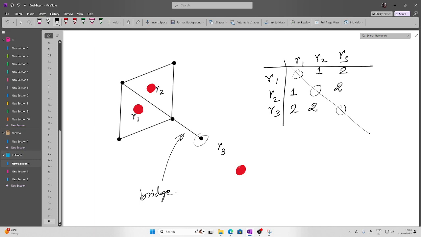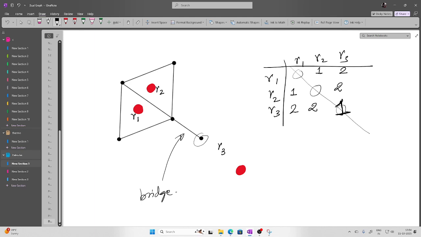That has to start from this vertex and come back to this vertex, so there is a loop. So whenever there is a pendant vertex, you will always have a loop. So for R3, R3, you will have a loop.